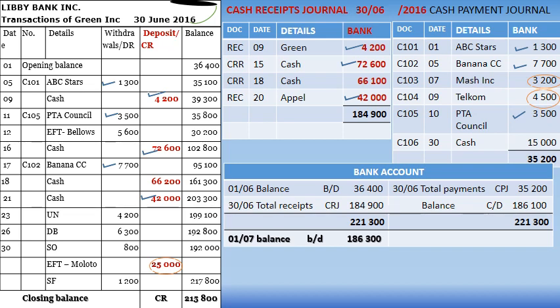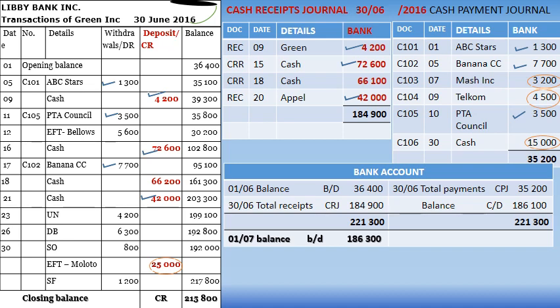Traced on the bank statement and it's not reflecting, the check will be put in a circle. In the cash payment journal, amounts are ticked. Amounts that are outstanding are in the circles.